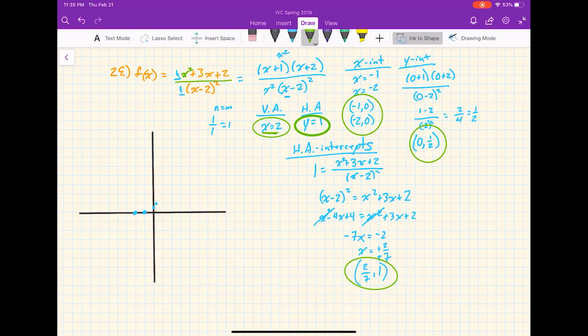Let's draw this x equals 2 asymptote. And of course we have this one at y equals 1. So draw this one through here. And remember, it's going to go right through this point here. And that's okay because we calculated that we'd have a horizontal asymptote intersection.